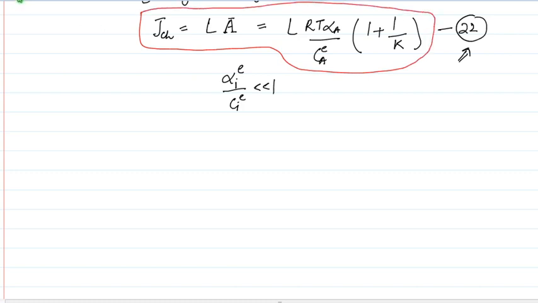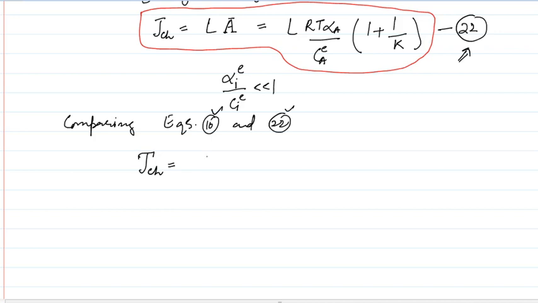Now if we compare the kinetic and the thermodynamic ones, that means comparing equations 10 and 22, we will obtain that JCH is equal to, first we will write the thermodynamic part, L RT alpha A upon CA equilibrium into 1 plus 1 upon K, which will be equal to the kinetic one.